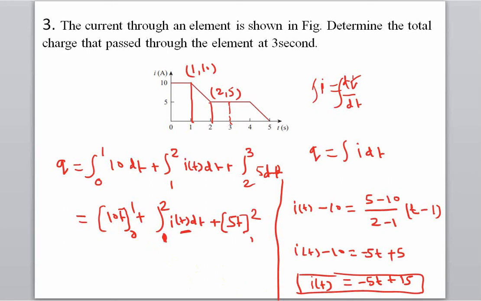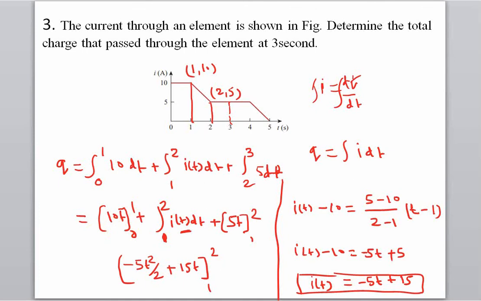If we integrate this one, we get minus 5t square by 2 plus 15t, and our integration is from 1 to 2.